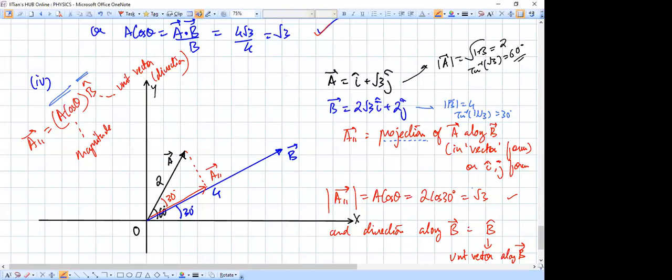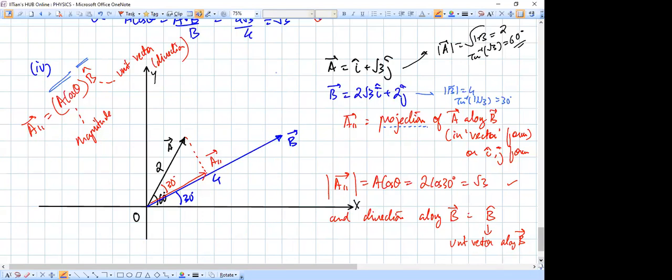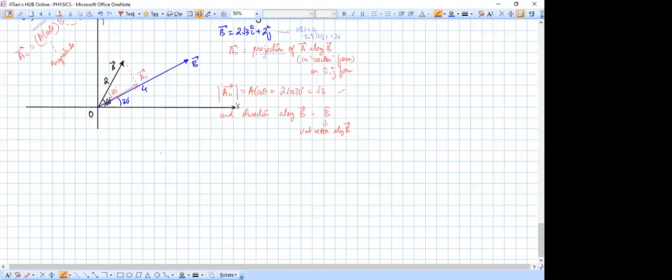Okay, so let's read this. So you can see that the component of vector A along the vector B, what is this? This is A cos theta. So that we have already calculated. The magnitude of A was 2 and cos theta was cos 30. So that's root 3. Okay. So now when we want to express it as a vector, we have to multiply its magnitude with the unit vector.